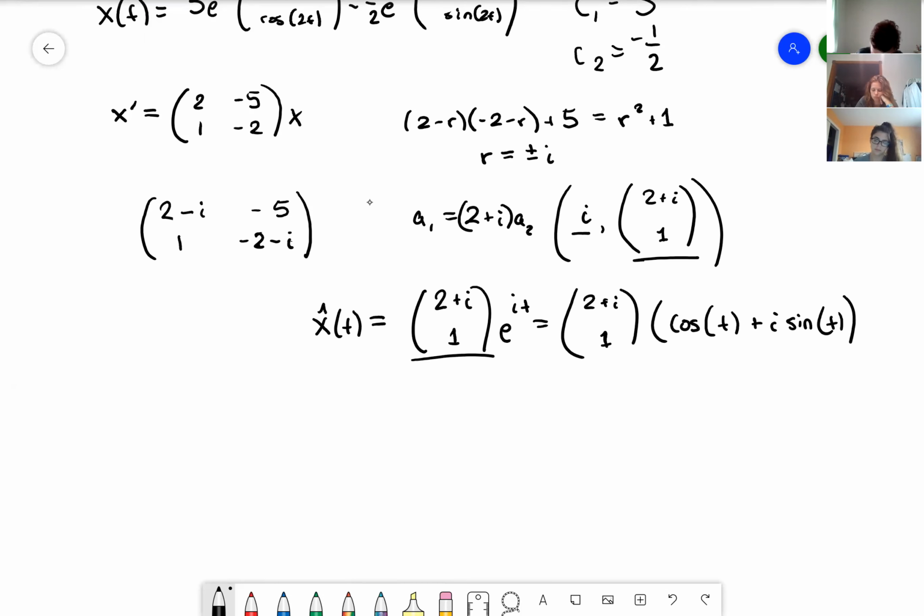Right, we have our eigenvector, and then we have e to the eigenvalue times t.